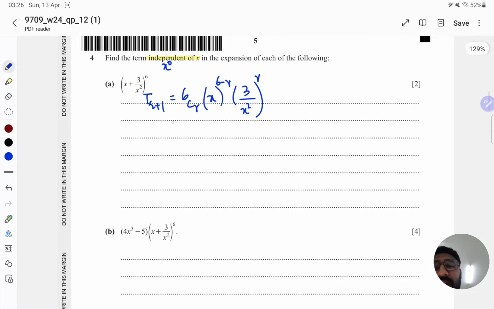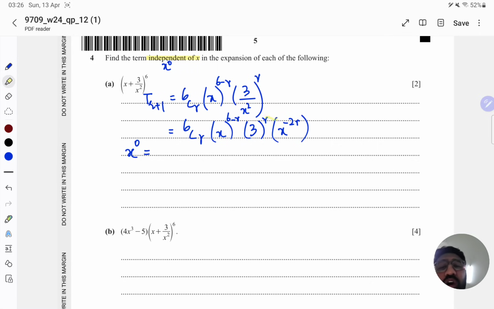So we can further extract the parts related to x only: 3 power r and x power minus 2r, and we need to find the value of r where the power of x is 0.